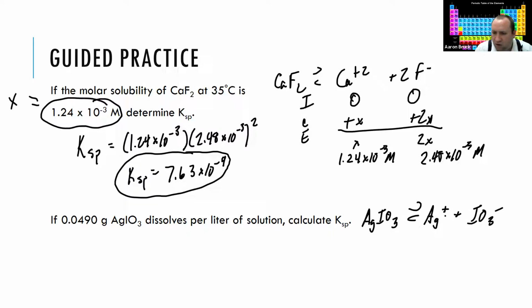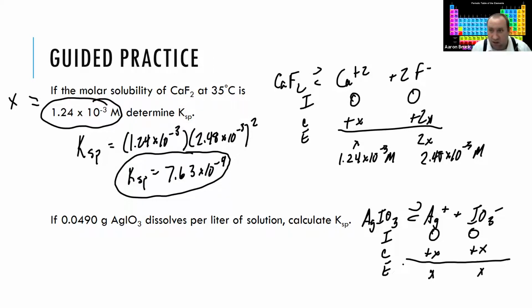Silver iodate will dissolve in a 1-to-1 ratio of silver ion and iodate ion. So making up our ice table, we're going to gain 1 measure of silver, 1 measure of iodate, which means that at equilibrium, they'll each be X. Now we just need to figure out what the molar solubility is.